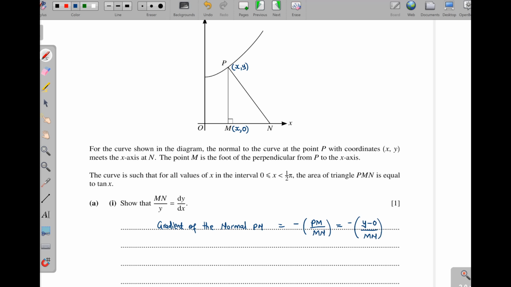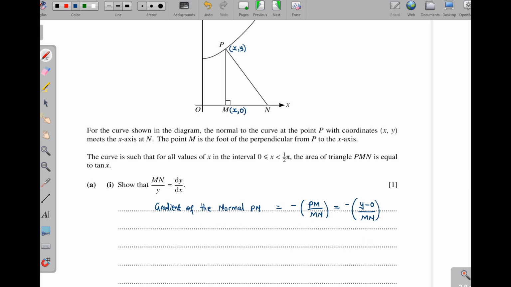Then the gradient of the tangent, we know that it is equal to dy/dx.